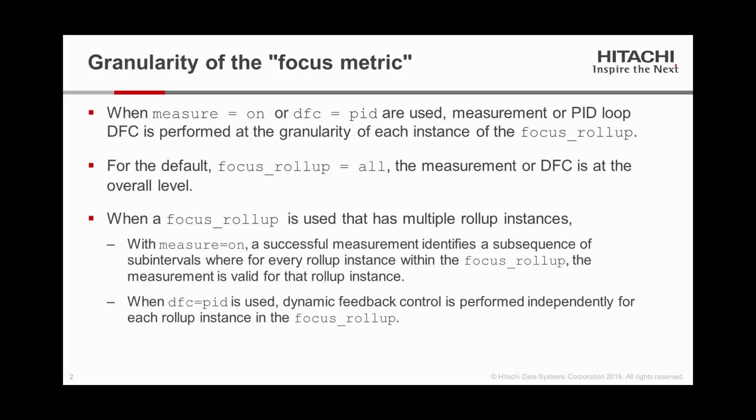When a focus rollup is used that has multiple rollup instances, in a successful test step, the same subinterval sequence in each rollup instance will need to meet separately the measurement criteria. And when dynamic feedback control equals PID is used, we do that dynamic feedback control at the granularity of the individual rollup instance, which in this case would be separately for each port.